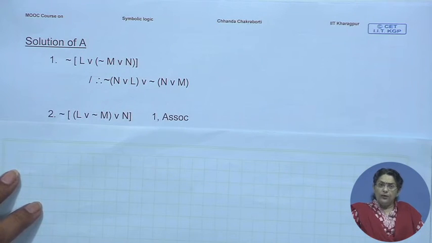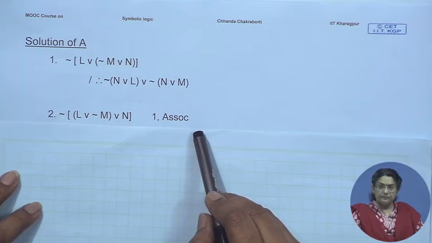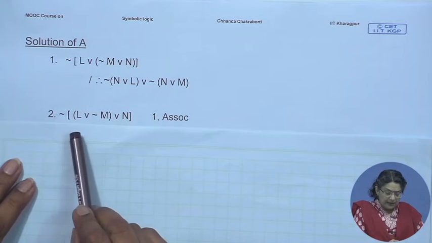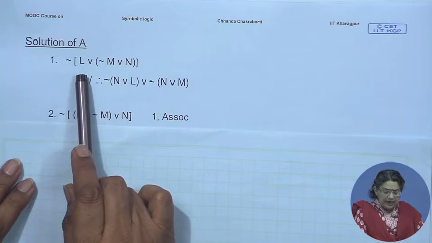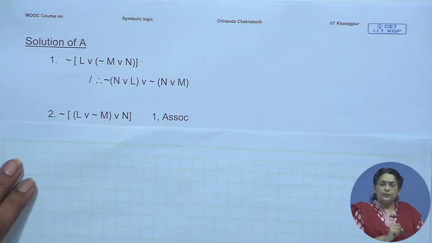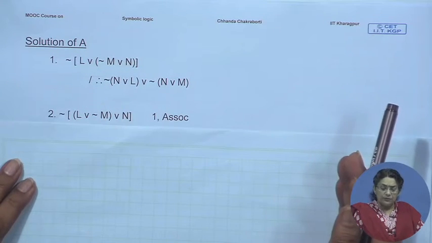Well, how I proceeded is that I regrouped them, and there is a reason why I regrouped them in this way. So, first let me explain that. The regrouping is like so: first, take a look, its negation sign is outside, but L was the primary disjunct and not M or N was the other one.